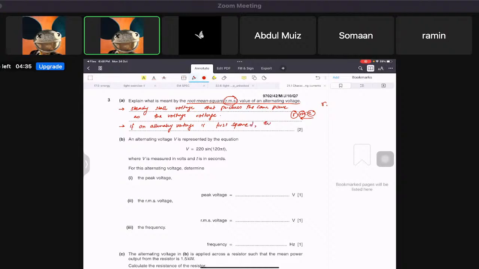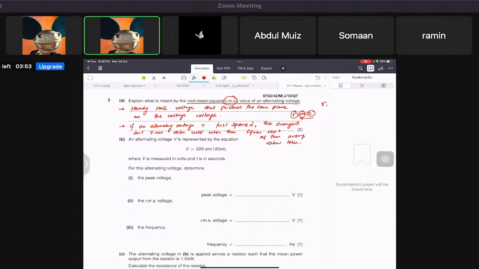Squared, then averaged, or you could say mean, and the RMS value will be when the square root of this average value is taken. So that's how you can just explain what RMS means. It will give you the full mark.